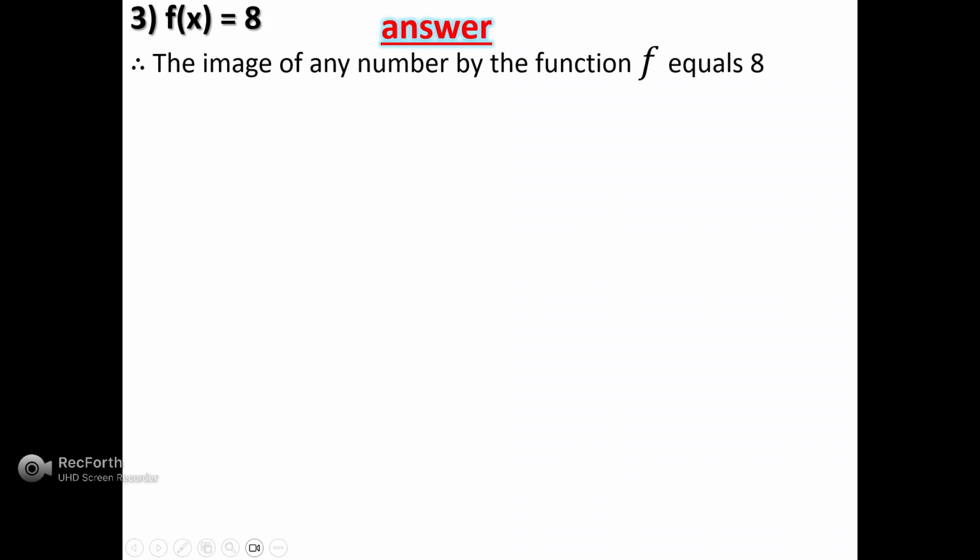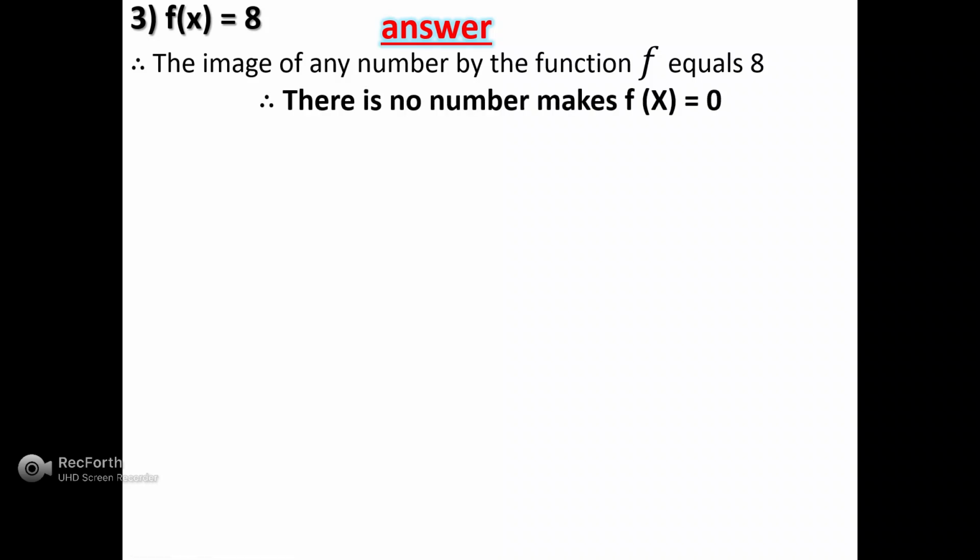There are important remarks here. If f of x equal 8 and we want to find the 0 of the function, in this case, first, make your function equal 0. But can 8 equal 0? No, I can't. So the image of any number by the function equals 8, so there is no number that makes your function equal 0.